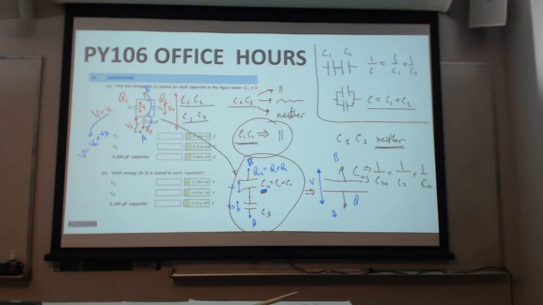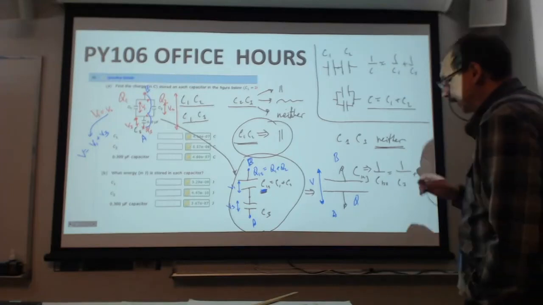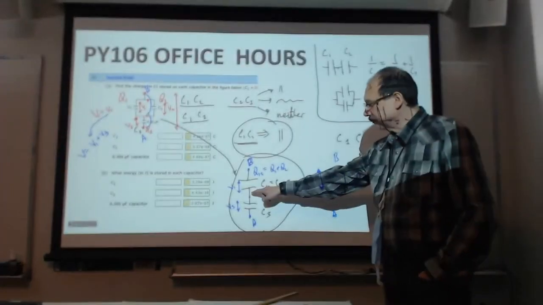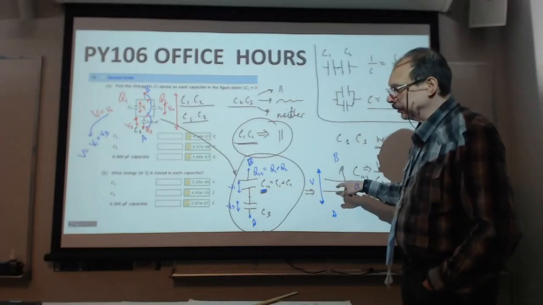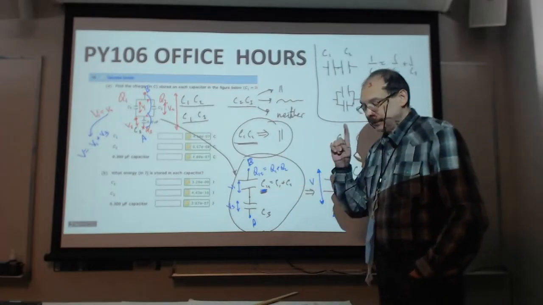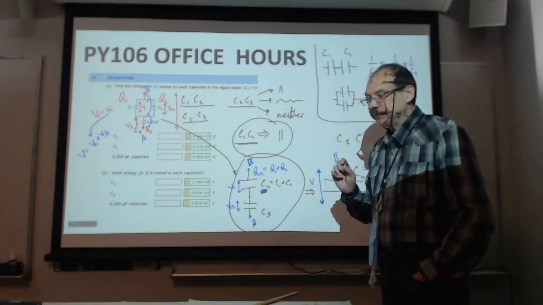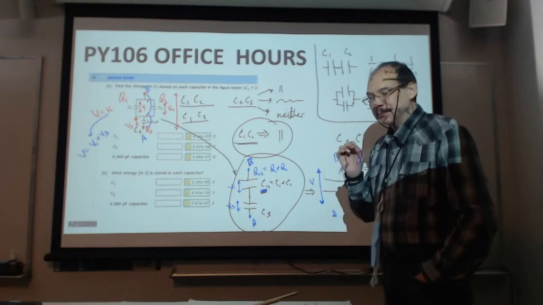No? Okay. We can relate voltage, capacitance, and charge, right? Of course you will, and you will have to. But you need to understand what the word equivalent means.